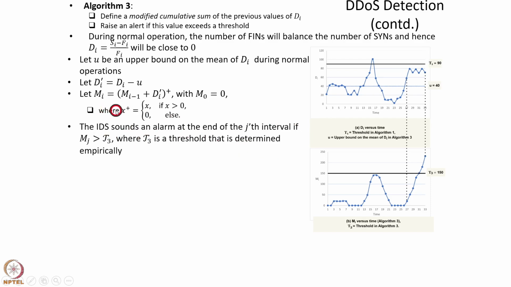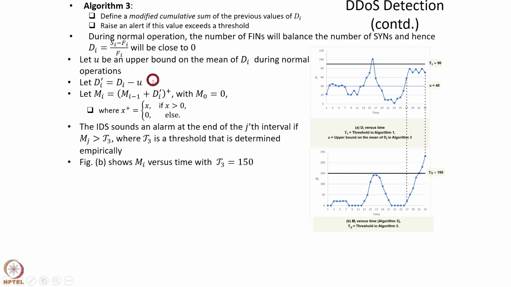So intuitively, if a lot of di primes consecutively are high, in that case mi will cross the threshold tau 3 and vice versa. So this figure shows mi versus time with tau 3 equals 150. So this is the threshold 150, and time is on the x-axis and mi is on the y-axis. In this figure, the value u is 40 in this example.